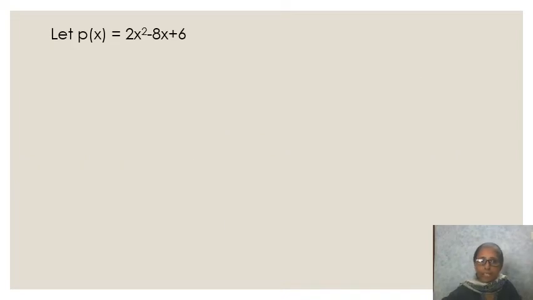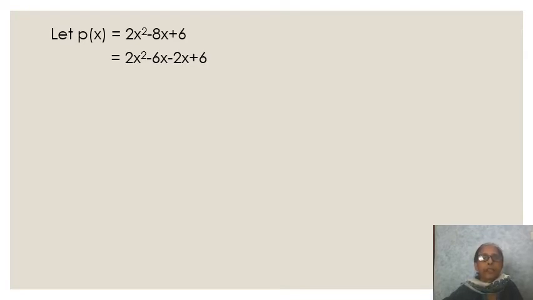Now we'll take an example for a quadratic polynomial. Here I have taken p of x is equal to 2x square minus 8x plus 6. Now you have learned to factorize quadratic polynomials by splitting the middle term, isn't it? So here minus 8x we are splitting as minus 6x and minus 2x.